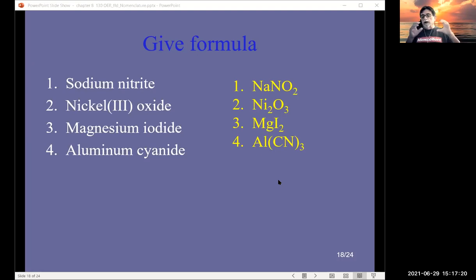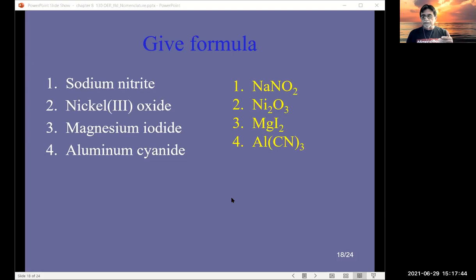Those are the main points with respect to ionic compounds. Again, these are ionic compounds, a combination of a metal and a nonmetal. Notice number 4, aluminum cyanide. The nonmetal is a cyanide made up of carbon and nitrogen, a polyatomic ion, but nevertheless a nonmetal. Aluminum obviously is the metal. So these are ionic compounds.